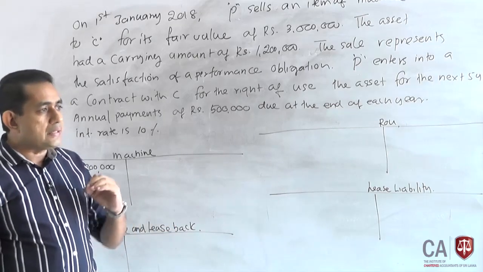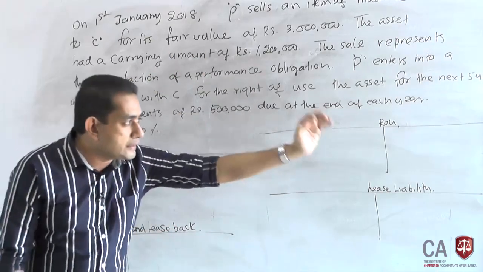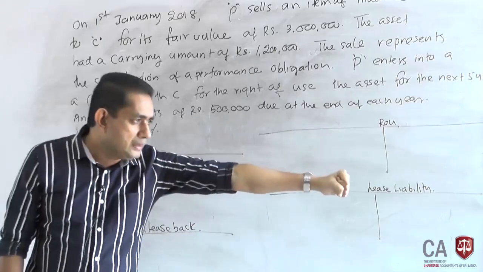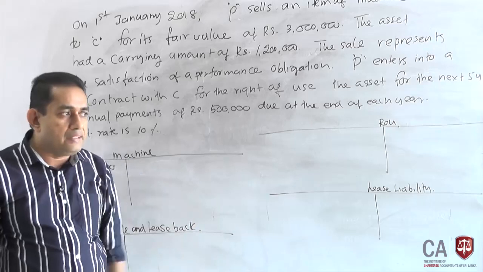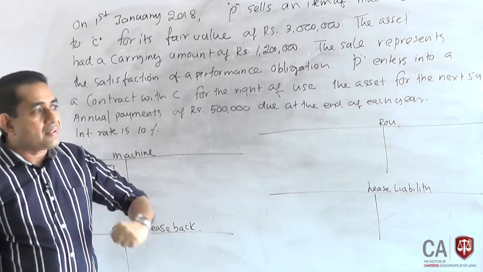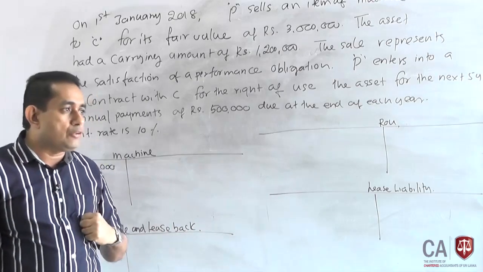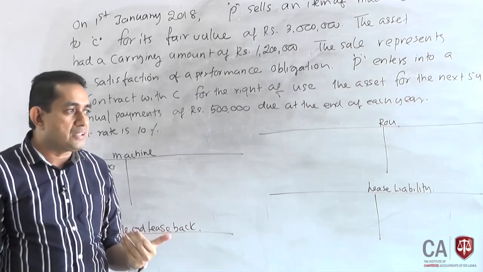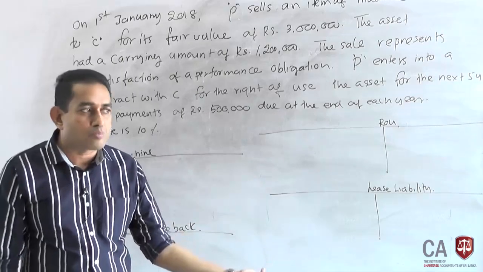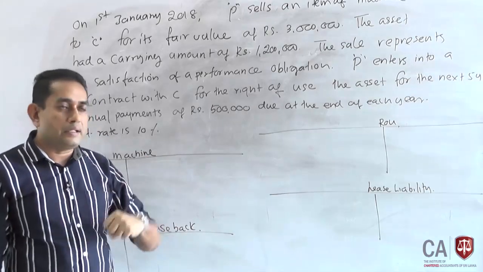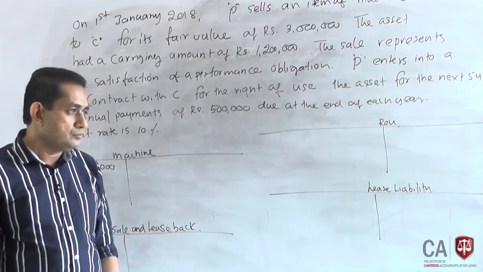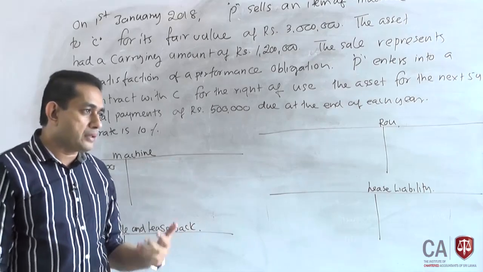But here, having given the asset to the buyer, you have taken the right to use it for another 5 years. It's like you retaining part of the asset with you for the use for the next 5 years ahead, then selling the balance part to another party. So, there is partly a sale, partly a retention.